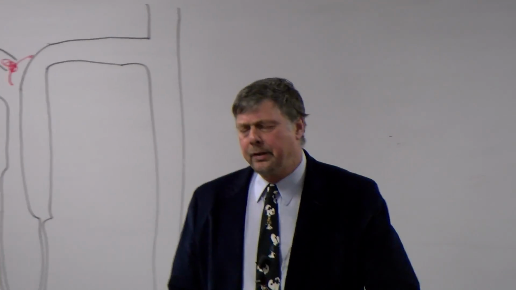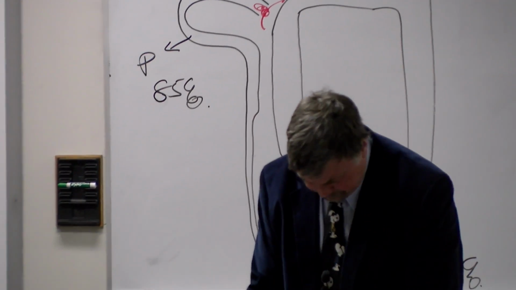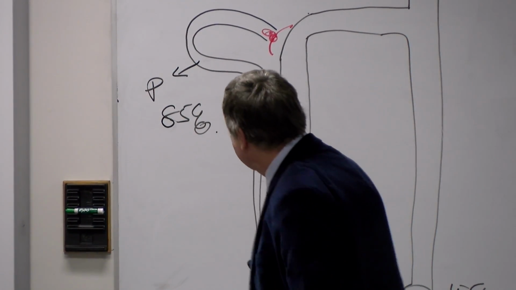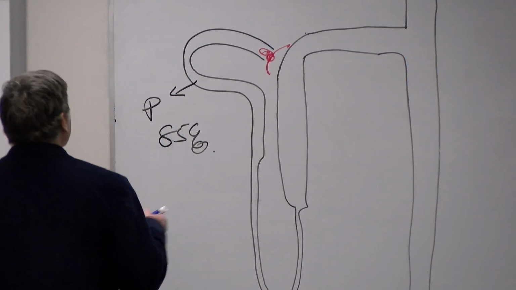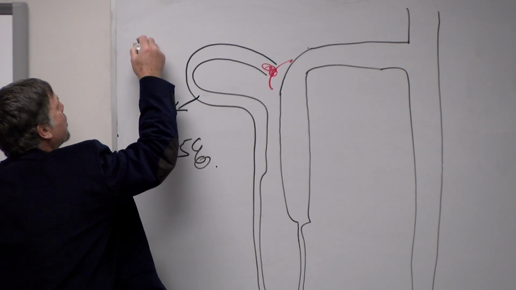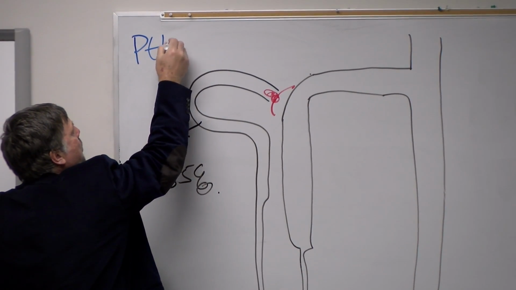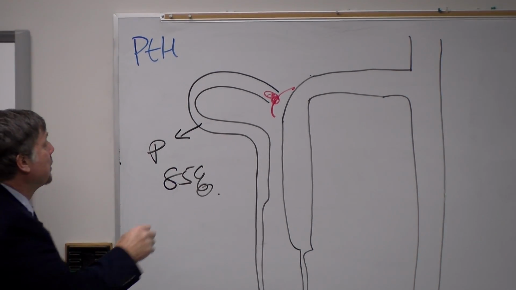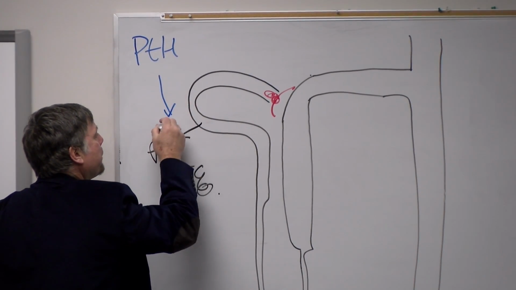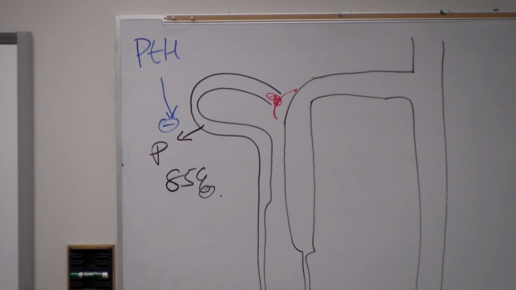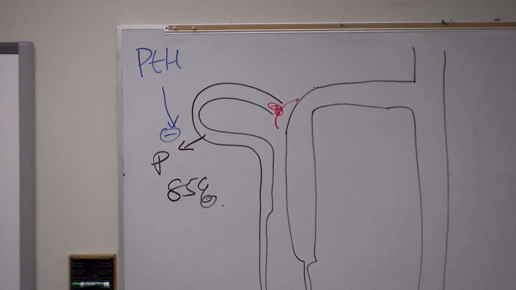And I probably ought to reorganize it at some time. First, let's use a different color. Parathyroid hormone, can I just write up PTH and you'll know what it is? It inhibits the reabsorption and it has a profound phosphaturic effect.